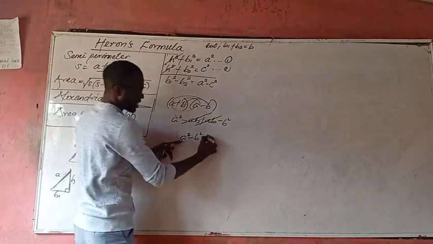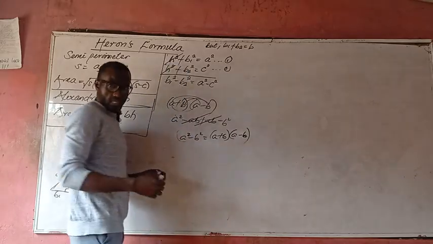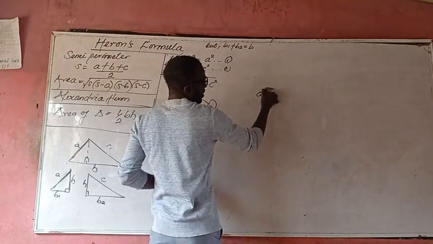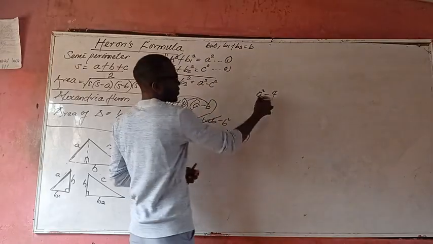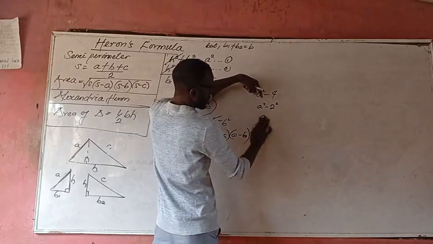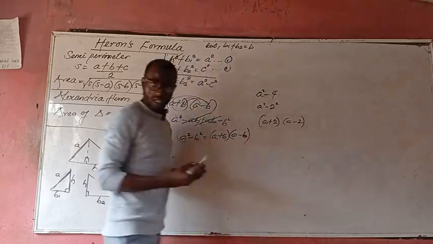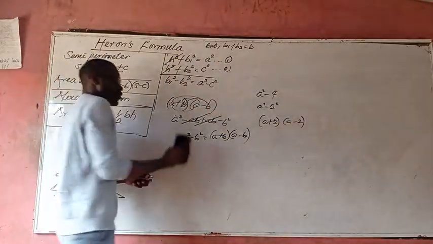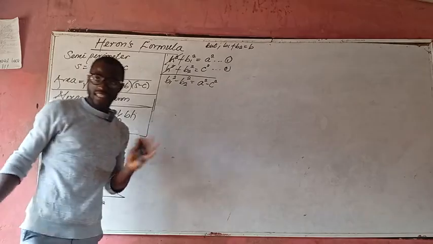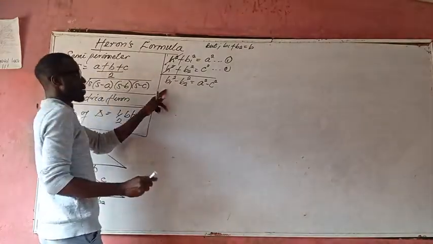So I can say that this is the same as (a plus b) times (a minus b). Is that one clear? More like if I have something like a squared minus 4, I can express this as a squared minus 2 squared. So this can be written as (a plus 2)(a minus 2). You understand? So that's what the difference of two squares is. And you need to know how to see when it has appeared. So we can use it here, but we'll not be using it here.